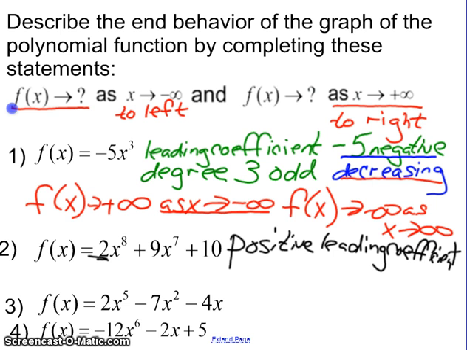Okay, and the degree is 8, so that's an even degree. Okay, so an even degree tells you either both ends are pointing up or both ends are pointing down. Since it is a positive leading coefficient, that means both ends are pointing up.